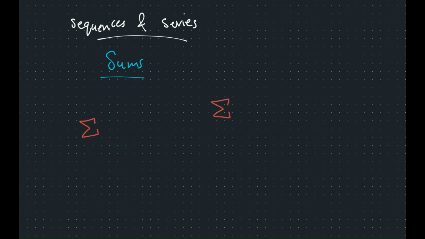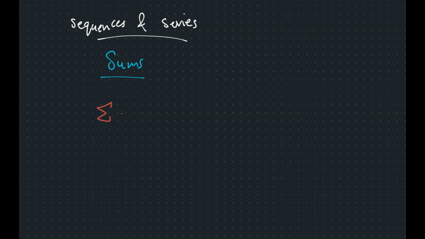We have this and we have this. And the nice thing is in Greek alphabet, we also have two cases. We have the uppercase, capital, and then we have the lowercase. And both of them represent the same thing. So if you see this, it's also the same thing. Okay, so the sigma notation, it is really important.